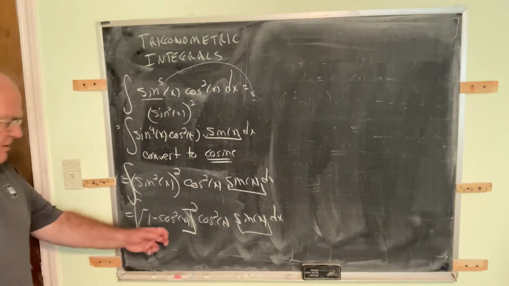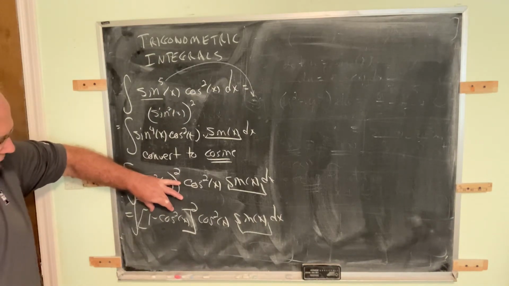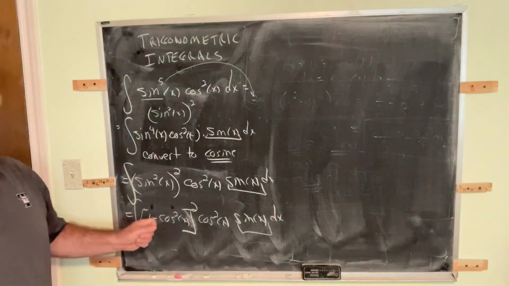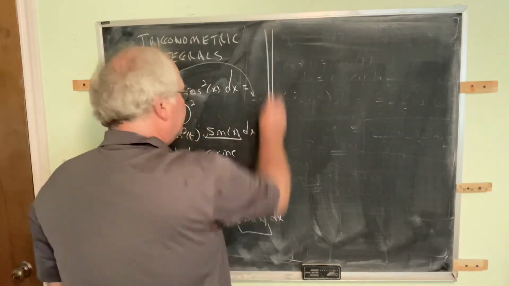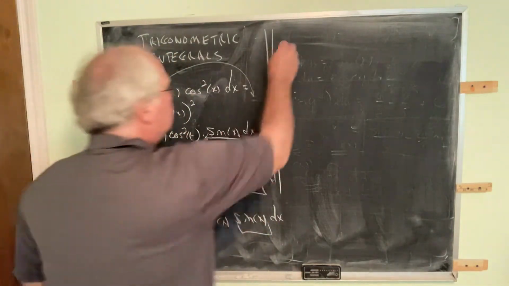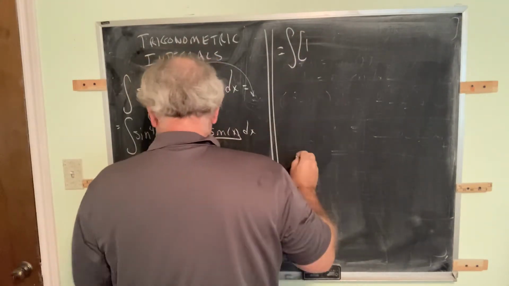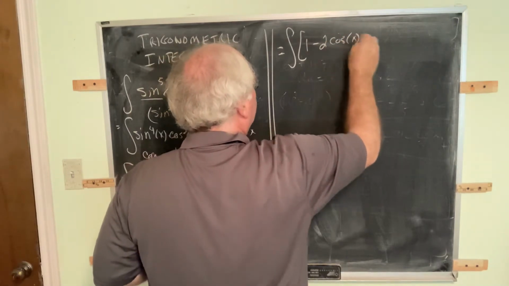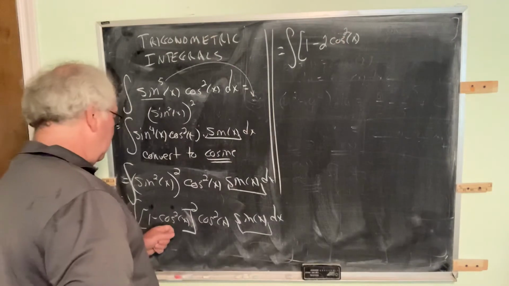Now you could do it here, but I want to clean this up a little bit. Square this out. This is not just the first one squared and the last one squared. You have to FOIL this thing. So FOIL this out. If you do, that becomes 1. When you FOIL, you get minus 2 cosine squared of x, and then you square the last, cosine to the fourth.